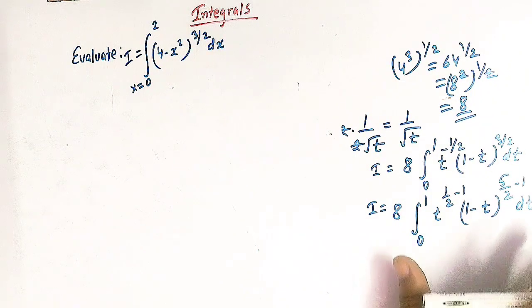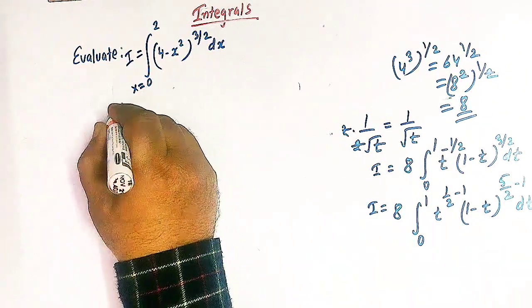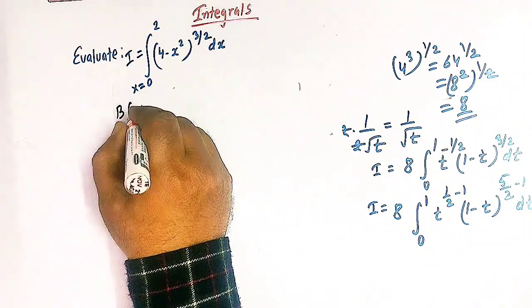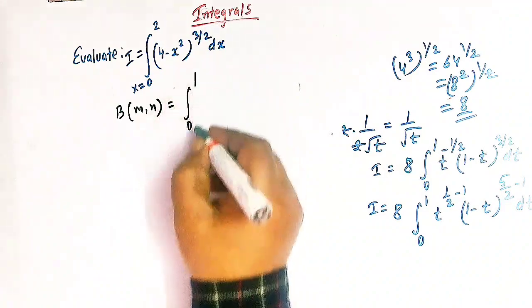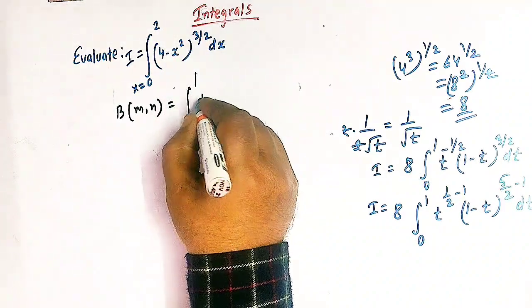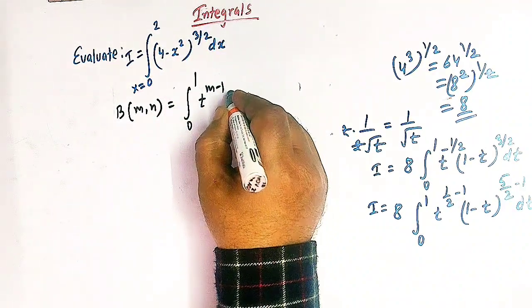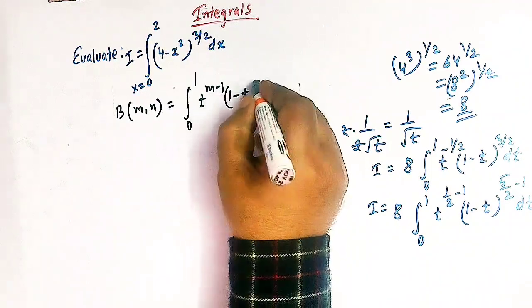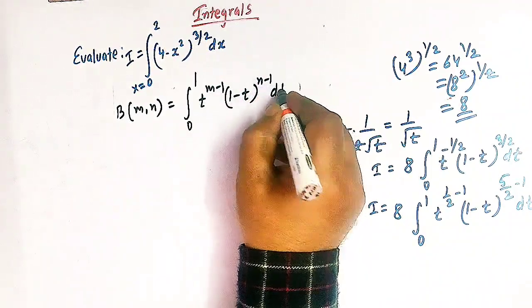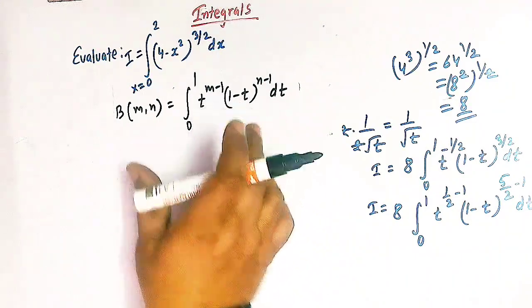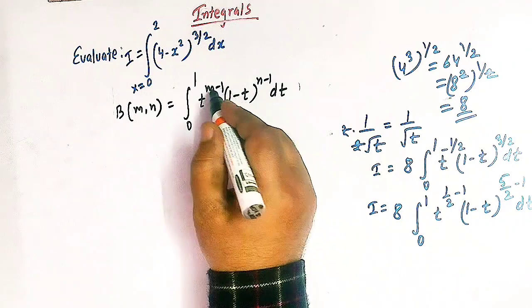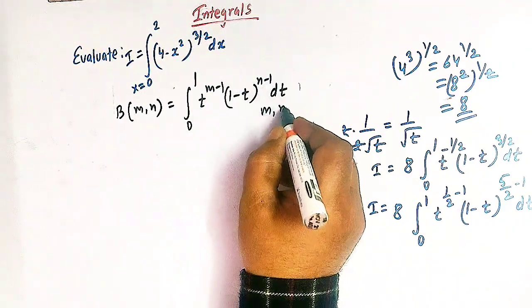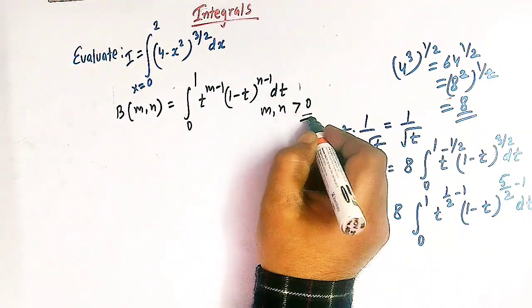So now from the definition of beta function, we know that beta m comma n is given by 0 to 1, and here we have t raised to m minus 1, 1 minus t raised to n minus 1 dt. So this is the famous Euler's integral, which is also known as the beta function, and here m and n are greater than 0, right?